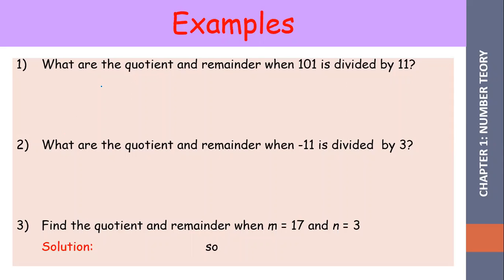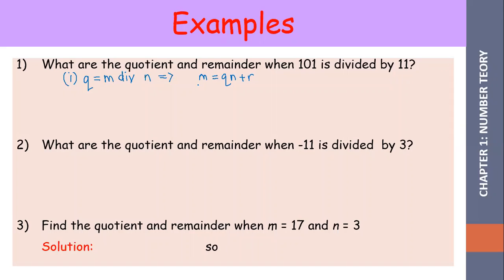What we want is a quotient: q is equal to m div n. How to get it? We use m is equal to qn plus r.